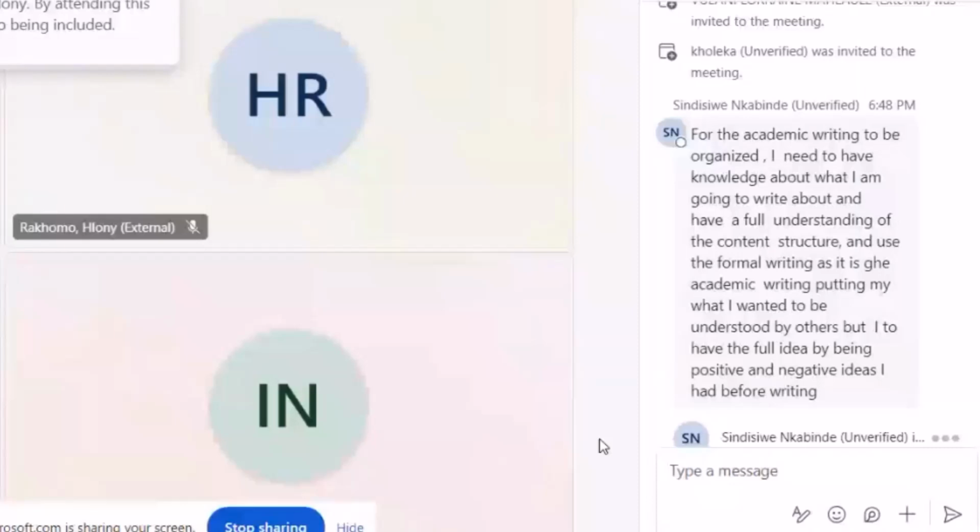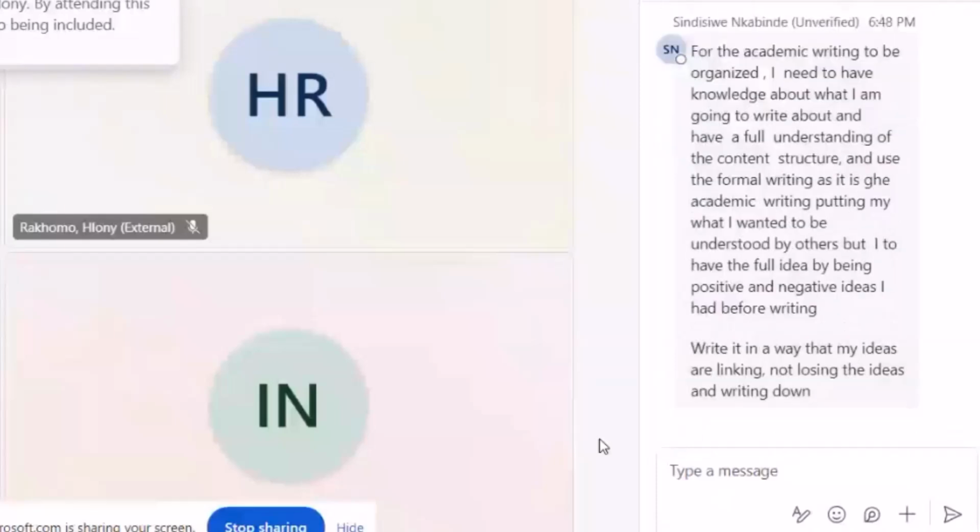I need, this is Cindy Sewa, I need to have knowledge about what I am going to write about and have a full understanding of the content structure and use formal writing as it is academic writing, putting what I want to be understood by others. But I need to have a full idea, being positive and negative, ideas I have before writing them down.